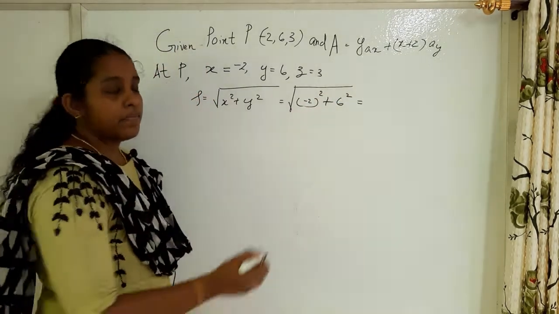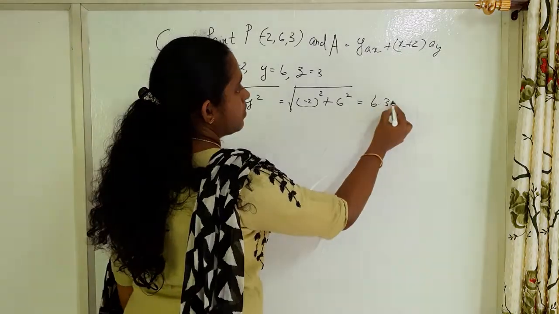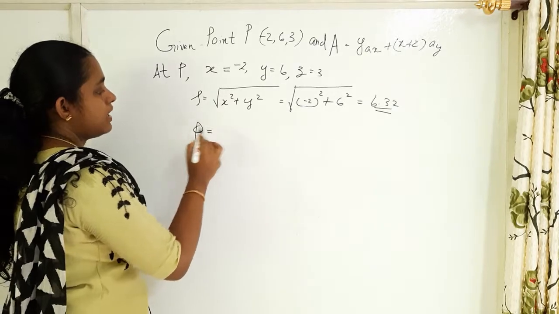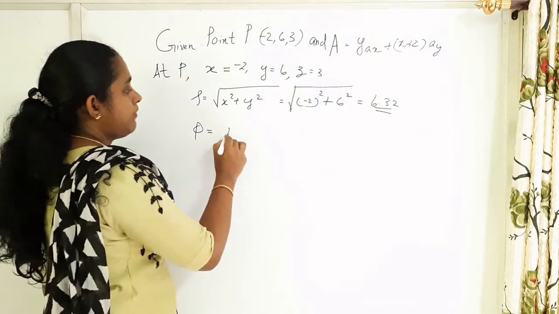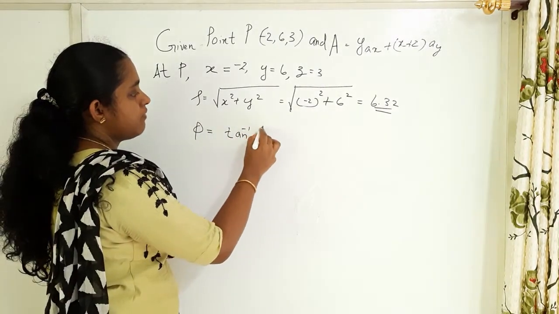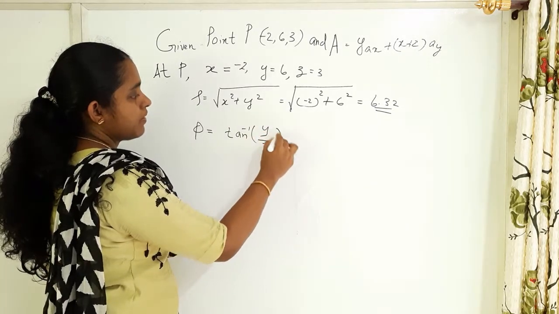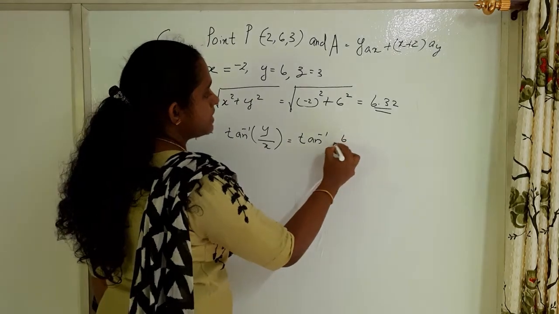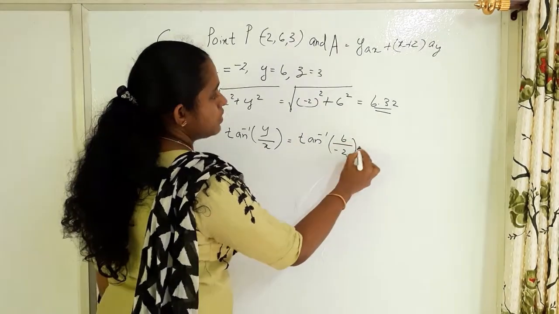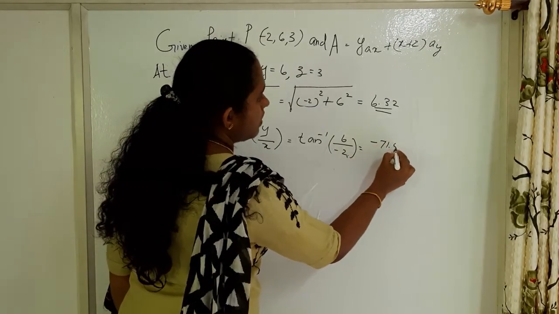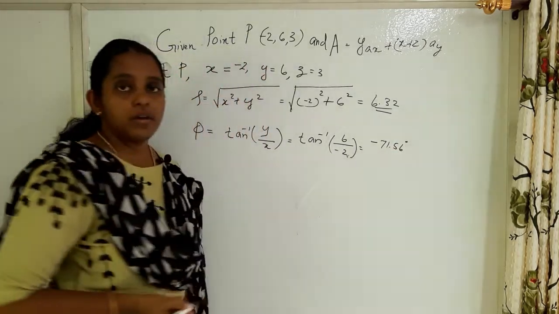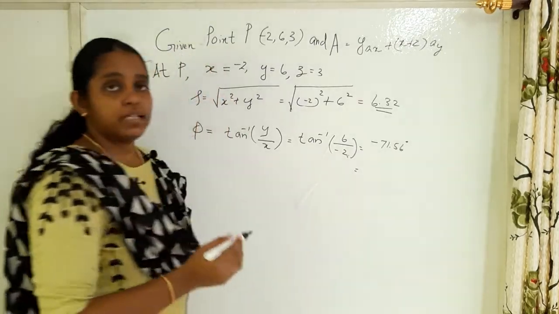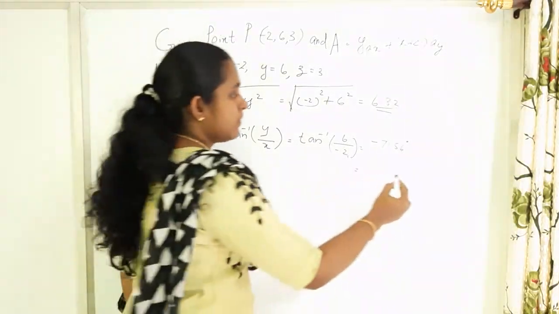So you will get 6.32 as rho. The next coordinate is phi. Phi can be found by tan inverse of y by x, which is tan inverse of 6 over -2. So you will get -71.56 degrees. It is the negative of the angle from the y-axis.